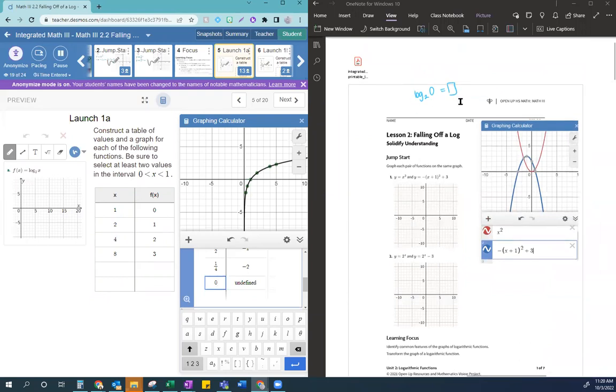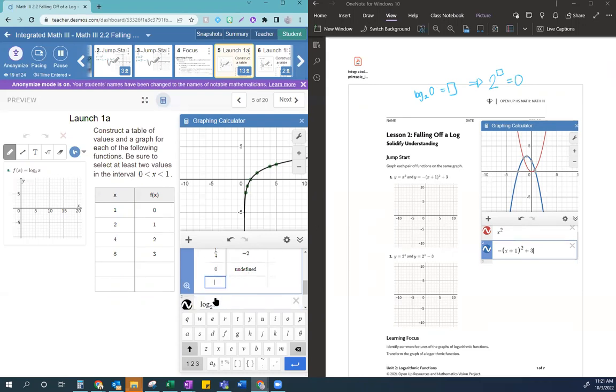And that's in logs. In exponential, you would take the base, which is 2. You would take the answer, which is what I'm looking for. And I would say, what number will make that true? 2 to the what gives me 0? And you're like, Ms. Johnson, that doesn't exist. Exactly. That's why it's called undefined, right?